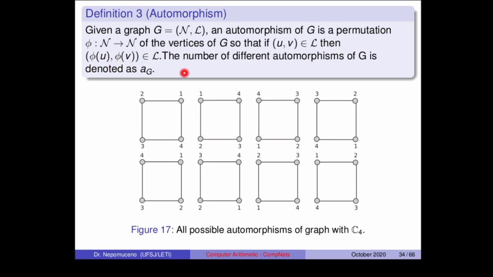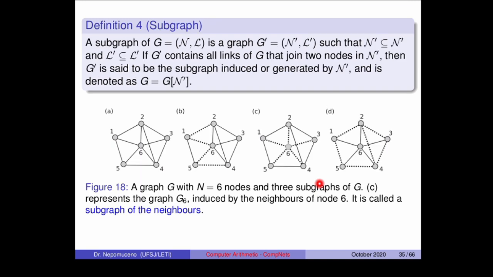The number of different automorphisms of G is denoted as A of G. So here you can see 4 nodes and 4 edges. In this case, 2 is connected to 1 and 3. And here is the same, 2 is connected to 1 and 3. But in this case, as you can see here, this is just a shift of the labels, and all the connections are preserved. So these are all possible automorphisms of graph C4.